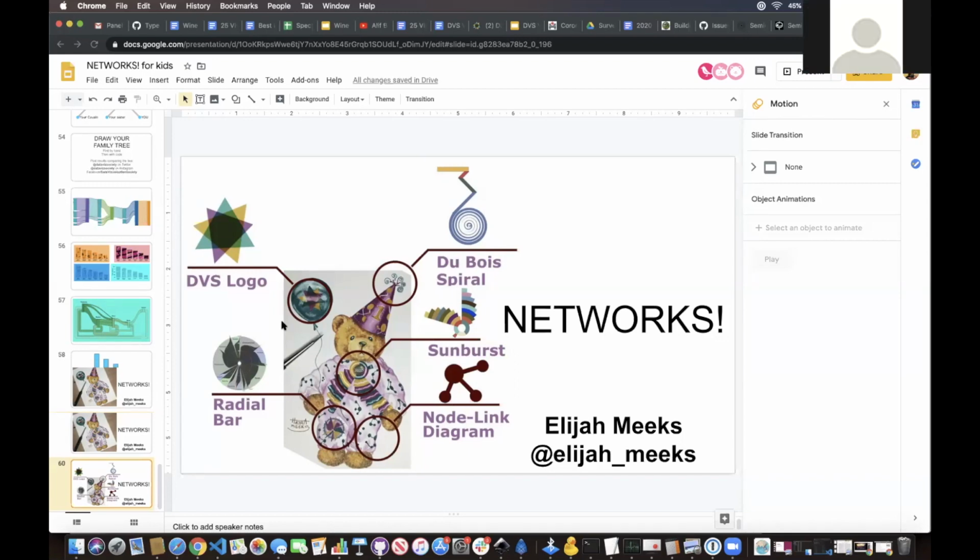So the website is orbis.stanford.edu. I'll type it into the chat. The technology I use to build that site: JavaScript is the coding language that we used.